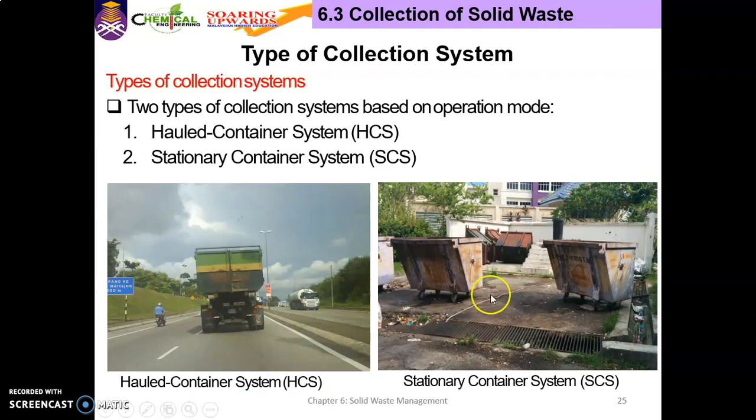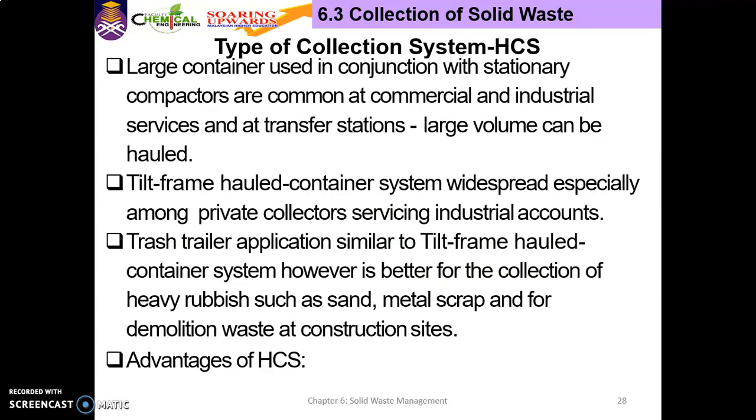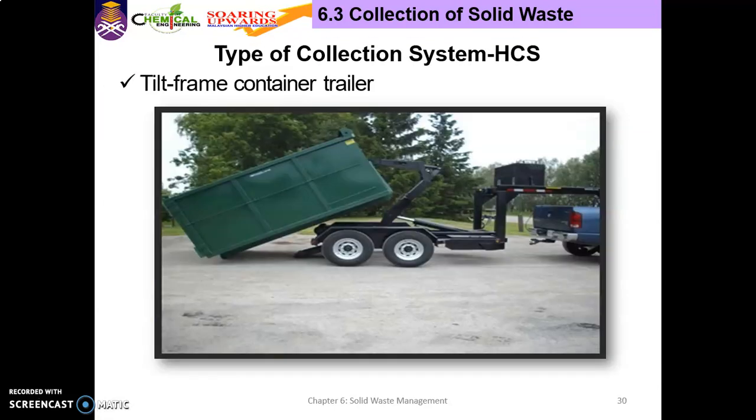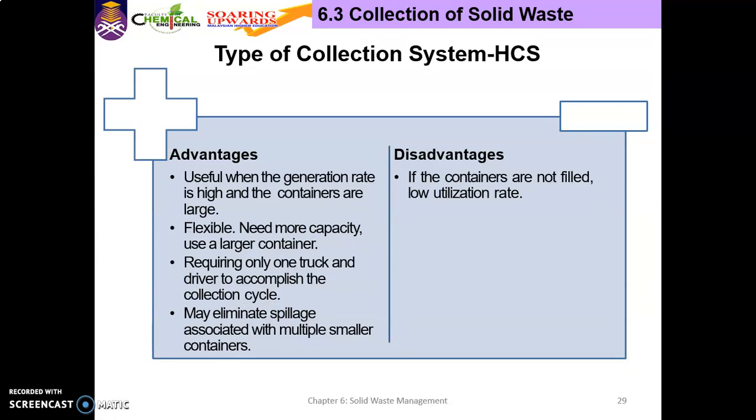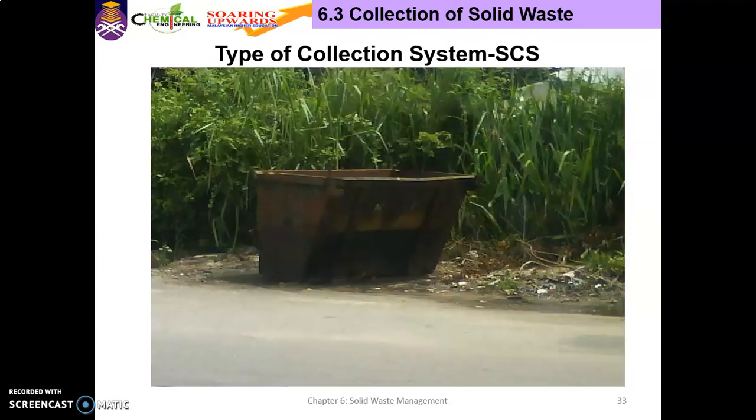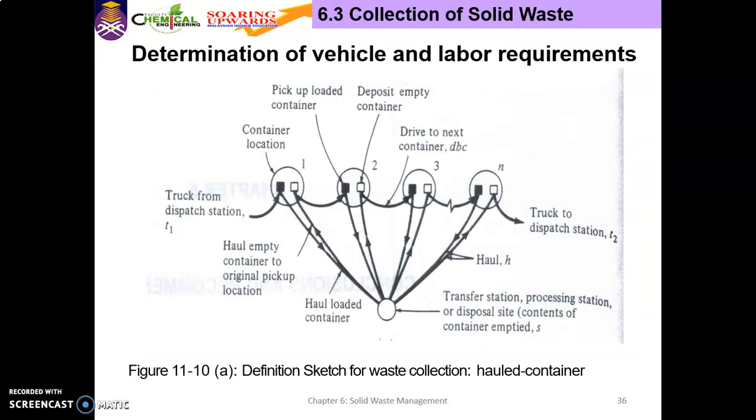Stationary means the container is at that point, not moving, while in Hauled Container, the truck will pick up the container. Okay, this is a definition sketch for waste collection for HCS.